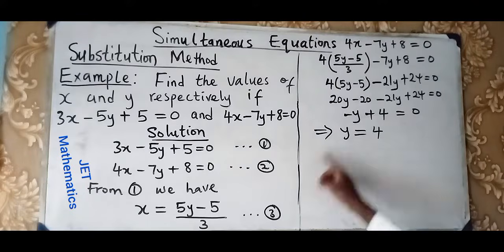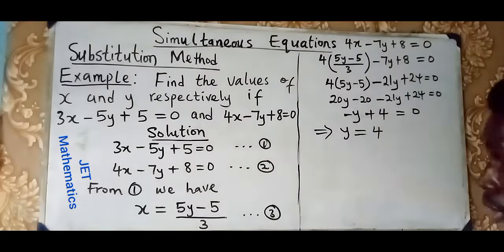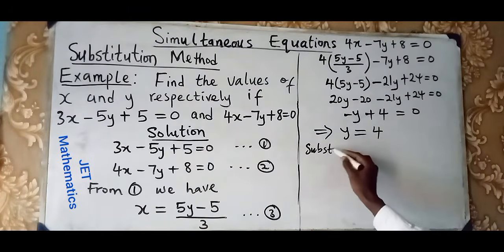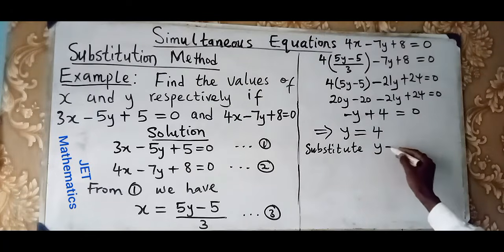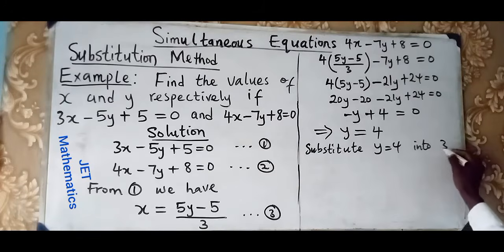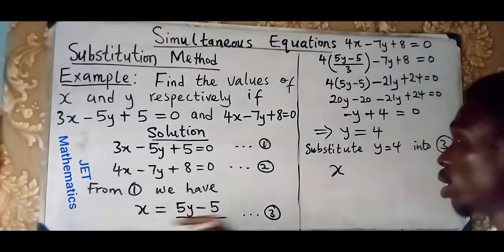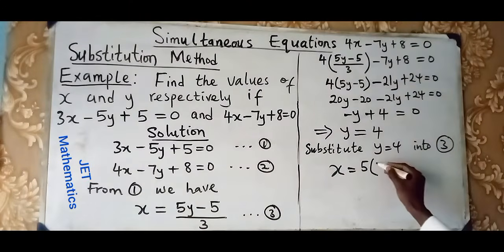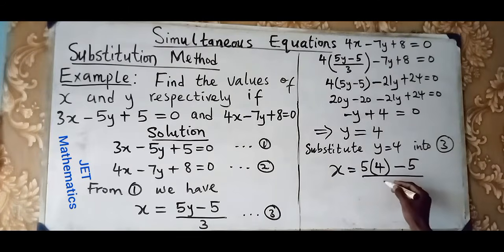We are going to substitute y equals 4 into equation 3. But you can substitute into equation 1 or equation 2. But it will be straightforward when you substitute into equation 3. So substitute y equals 4 into 3 as we have on the board. So doing that, I'm going to have x equals 5 times y, our y is 4, so we have this minus 5 over 3.